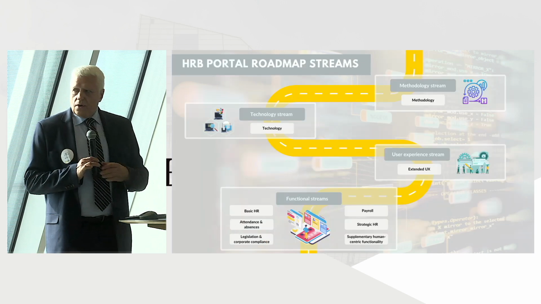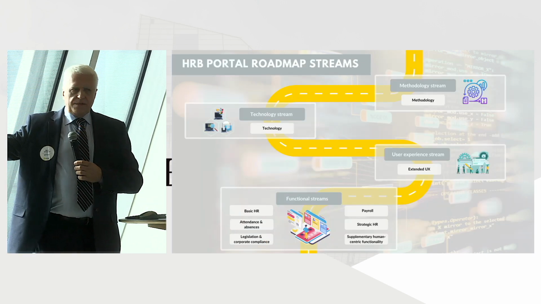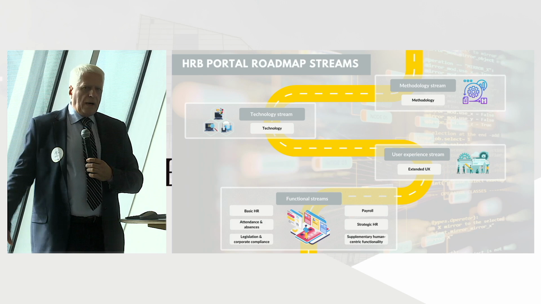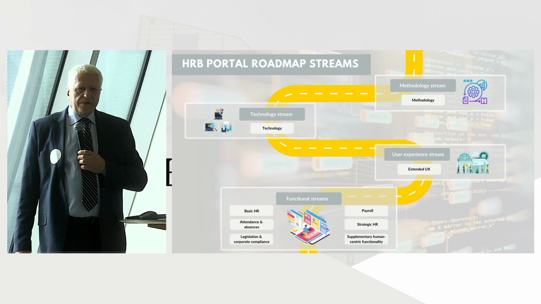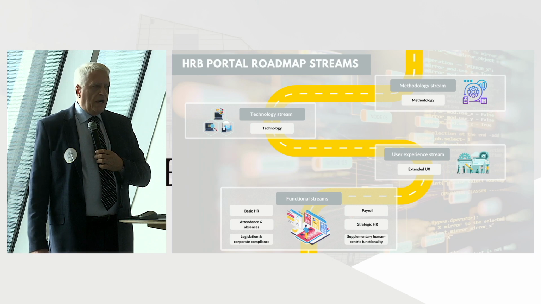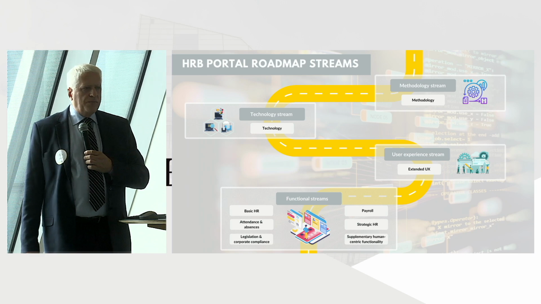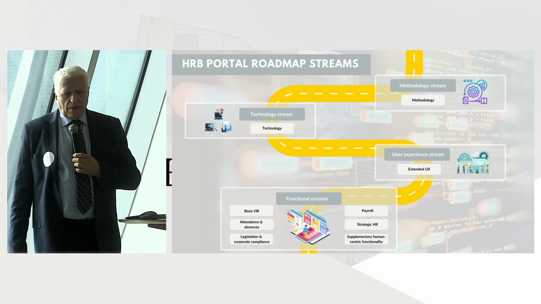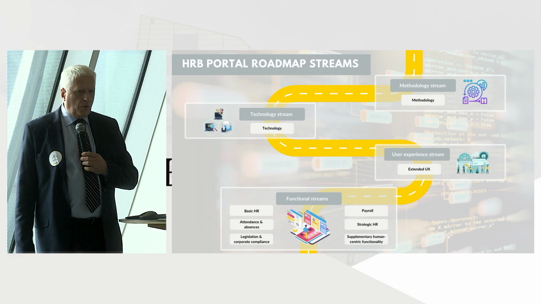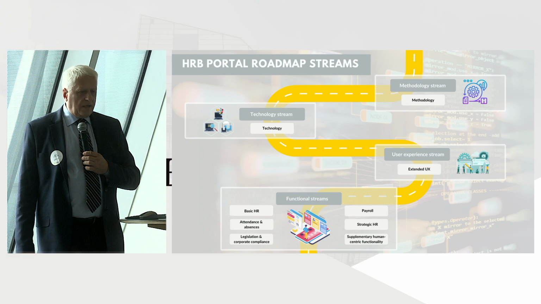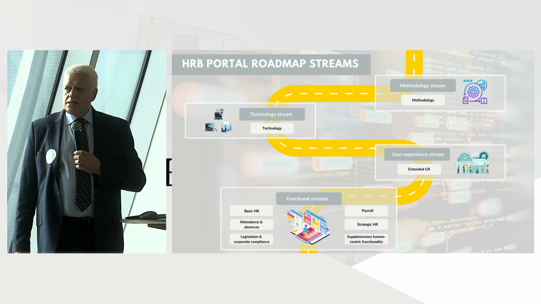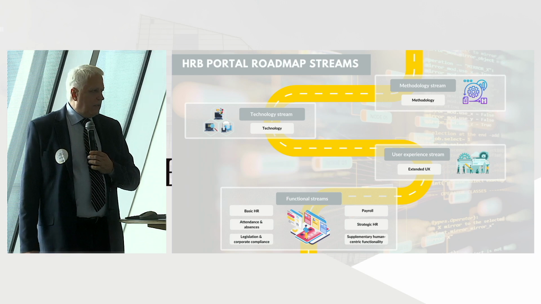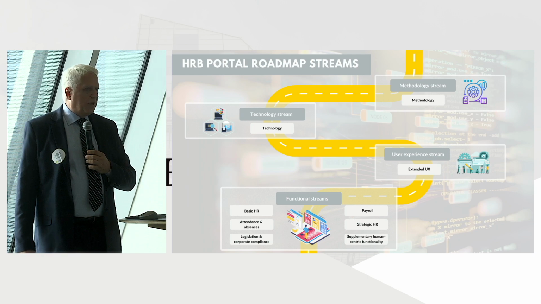Let's move on. Just to remind you, we manage our roadmap in so-called streams. We have a methodology stream where we improve our internal processes, to implement in the most efficient way, faster and with fewer expenses and less effort for new customers, because we are expecting quite a lot of new customers.